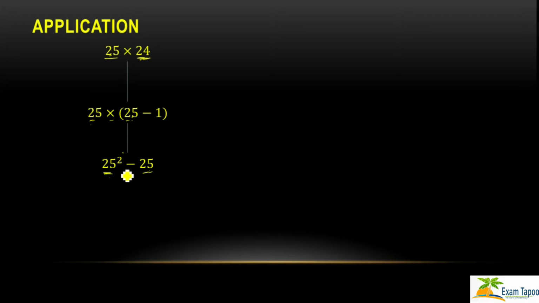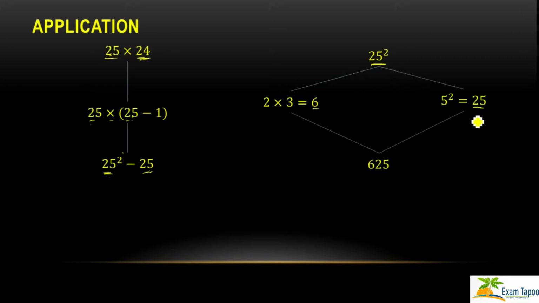So again, the square of 25, how do you calculate it? This is the 25. To calculate the square, what we have learned, step 1, take the number before the 5, so it's 2, and 2 times 3 will give you 6. Then the square of 5 is 25, and 6 and 25 get joined to form 625. So the result is 625.